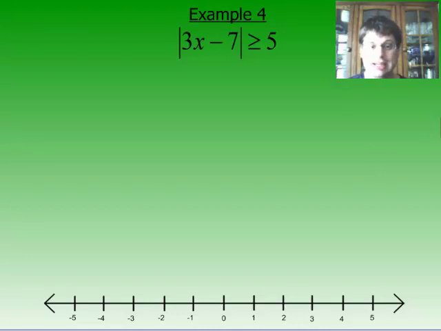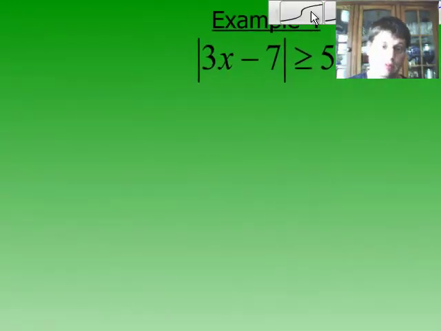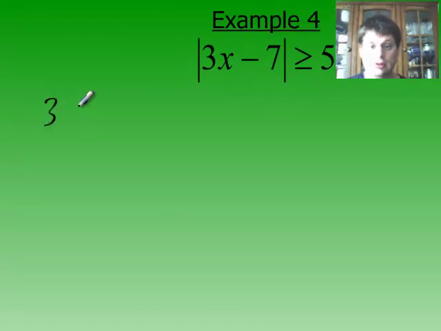Alright, so now let's look at inequalities and how to work those. So here I have the absolute value of 3x minus 7 is greater than or equal to 5. Now we'll solve this just like any other inequality, except that we're going to have to break it up on either side, left side and right side.